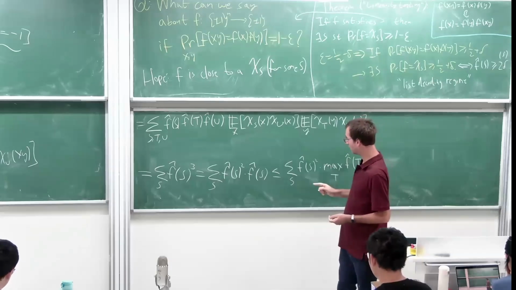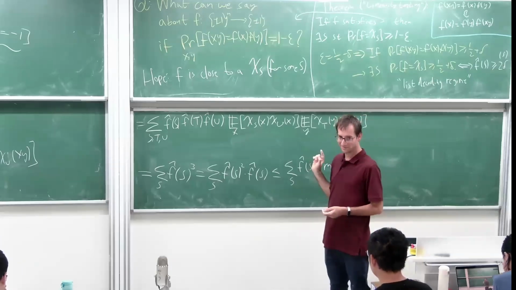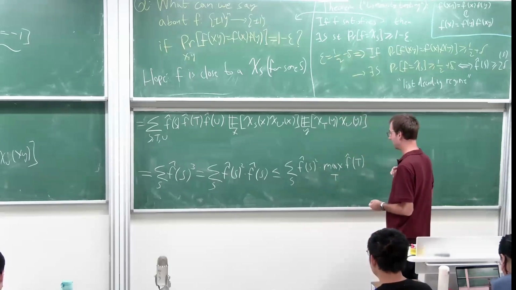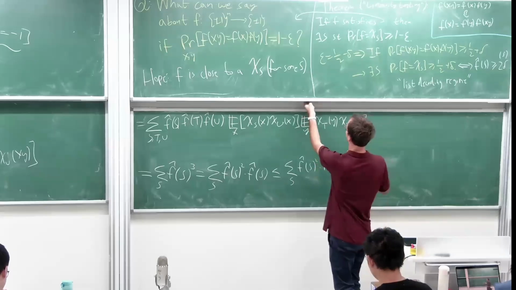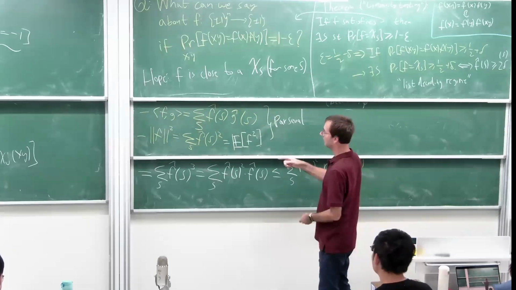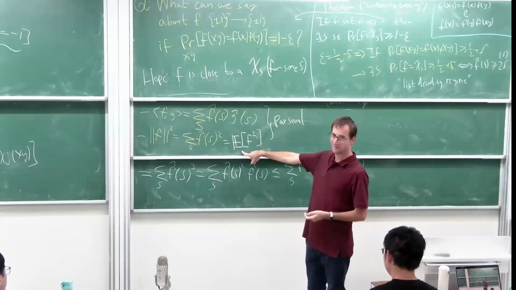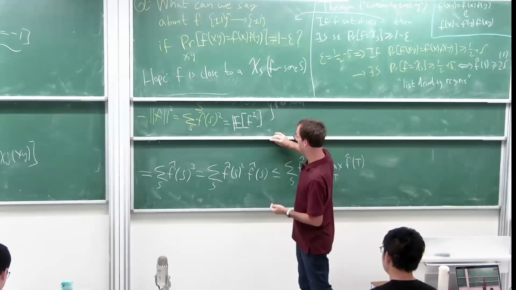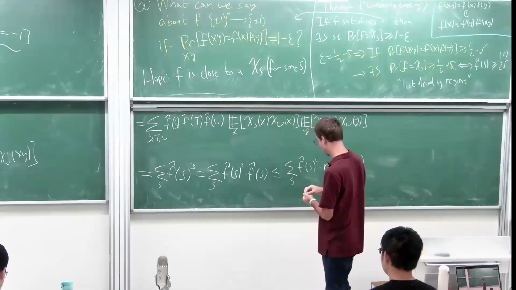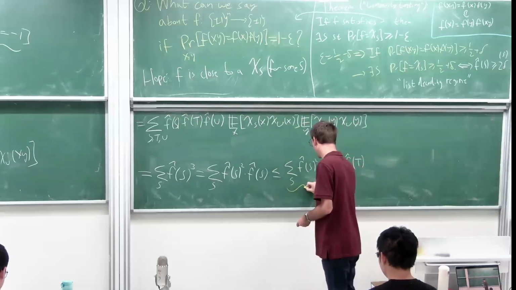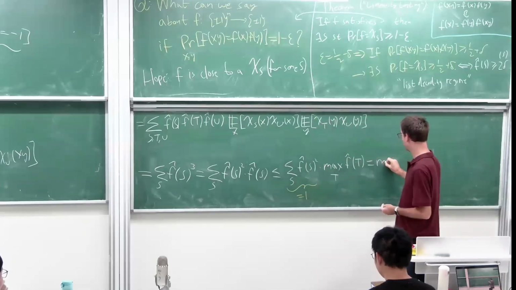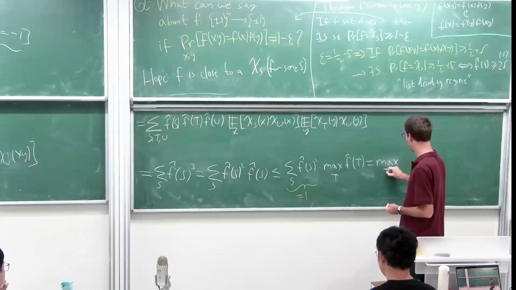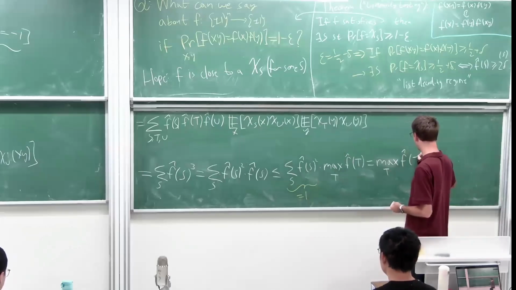This makes sense because f hat of s squared is non-negative. The sum of f hat s squared is the expectation of f squared, and f squared is just 1. So the sum is equal to 1, and this is just the maximum over t of f hat of t.